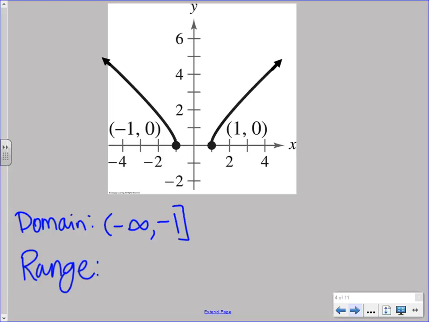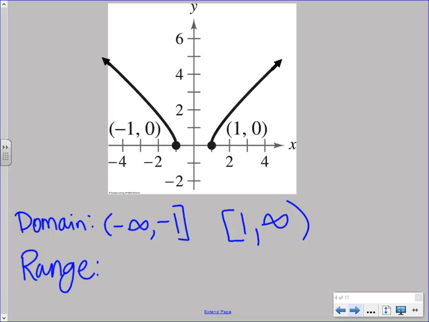So does somebody want to take a shot at how we would write this piece of the domain? Go for it. Bracket 1, infinity parentheses. Exactly. We start at 1 and it keeps getting bigger. So including 1 to infinity with a parentheses.